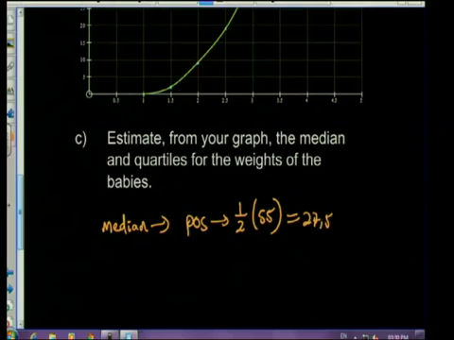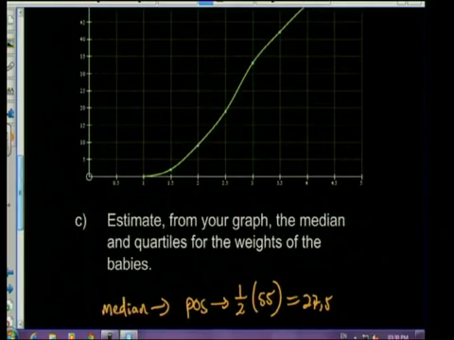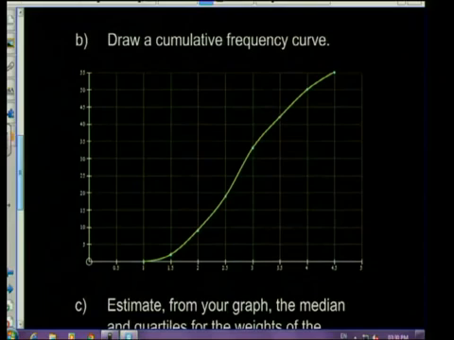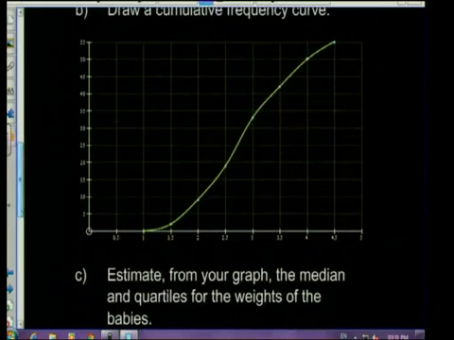So remember, you are going to read off. They want to know the weights of the baby. So I needed to end up somewhere on the x-axis. These are the weights. I know that I'm finding, if I've got 55 babies, where is the 27.5 baby. Let me see if I can try and get this now. So I'm going to go to roughly 27.5.